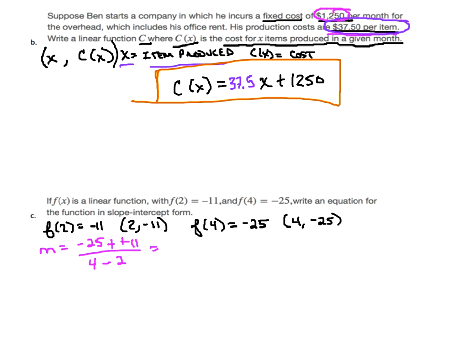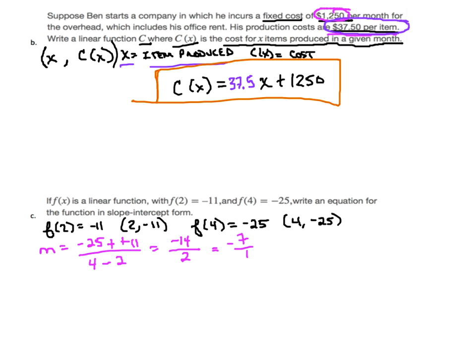Okay, so negative 25 and 11, that's negative 14 over positive 2, which reduces to negative 7 over 1. So I'm going down 7 units for every 1 unit I move right. So this is a negative slope we're dealing with here.